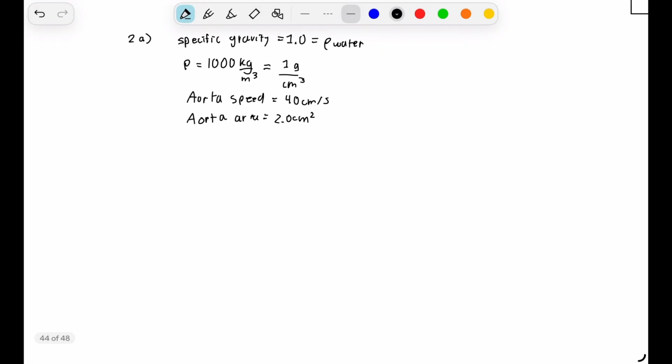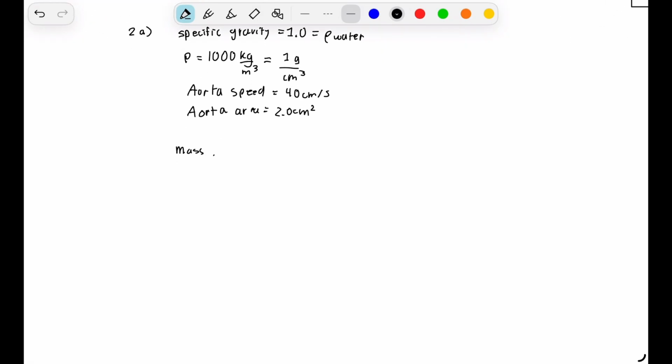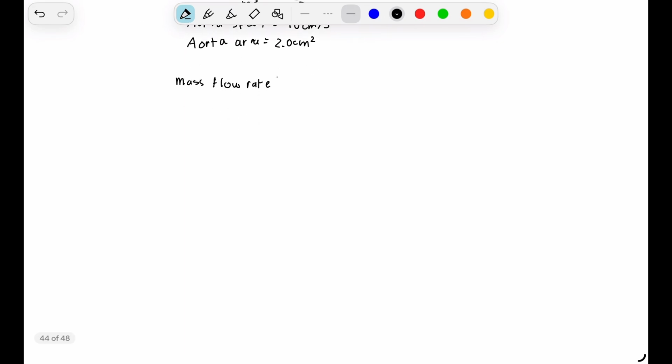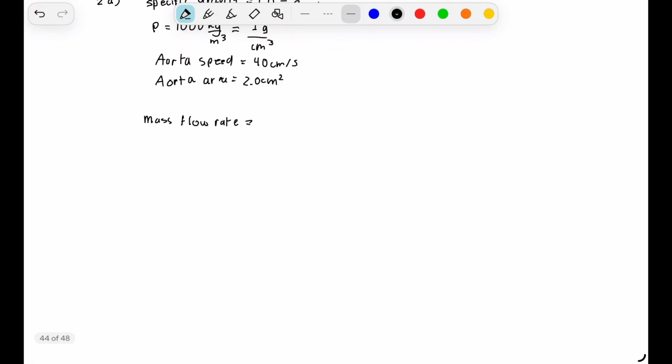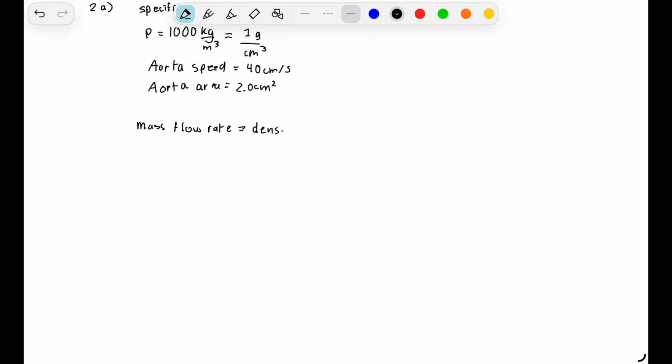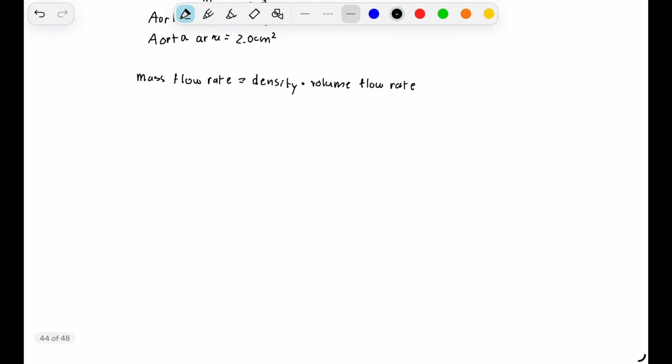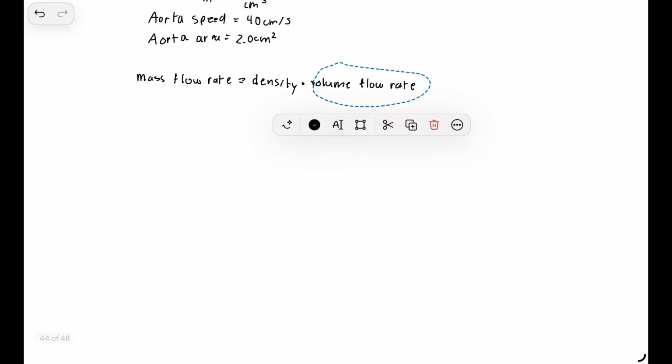So in order to find the mass flow rate, we have to know that this is going to be equal to our density times our volume flow rate. So let's first find what our volume flow rate is.